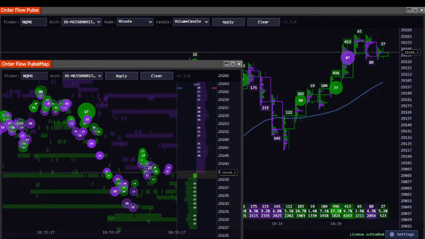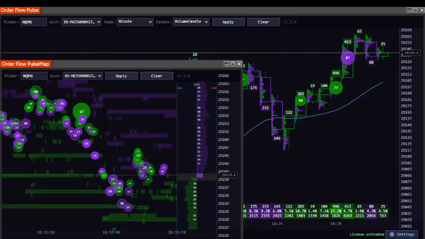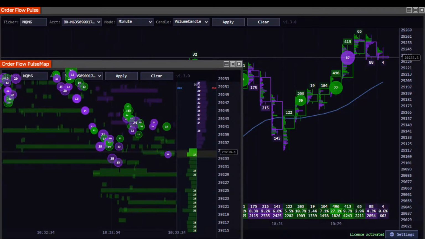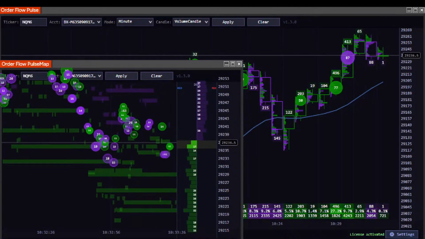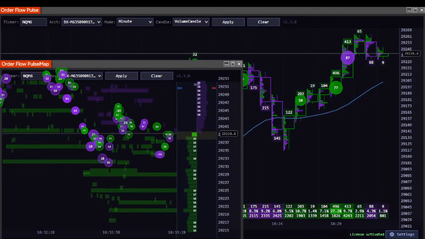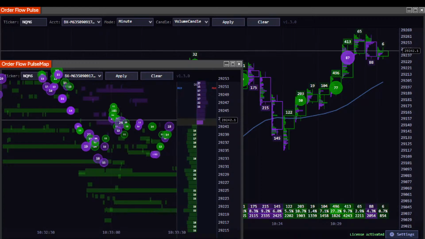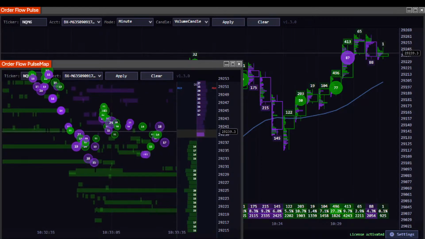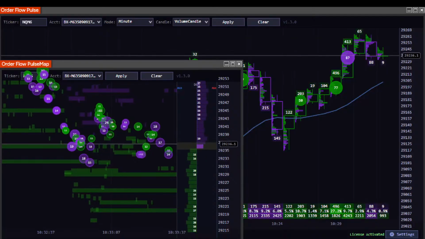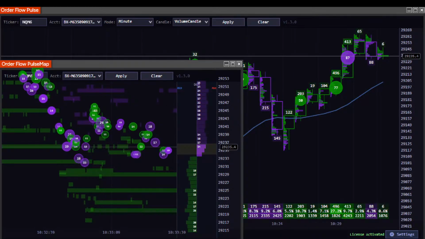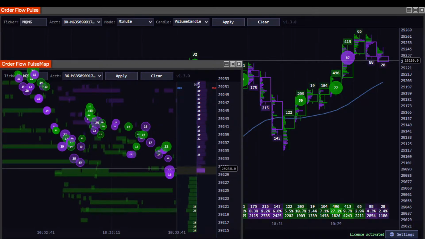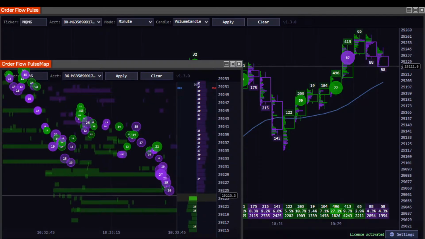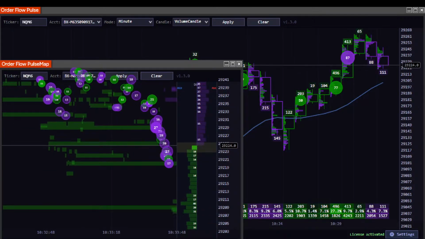I really would not be trying to short this market. All right, what's the ATR? 1 minute ATR for the ES is 6. That's actually pretty good.